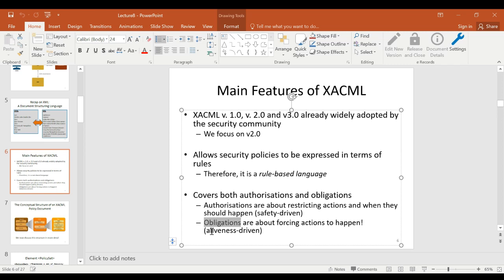So that's the concept of obligations, but our focus will be simply on authorizations, and we keep it at a simple level.